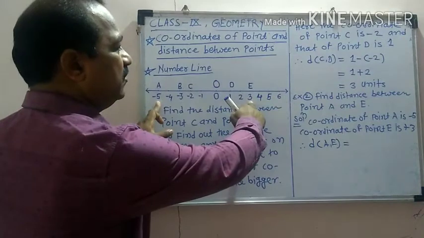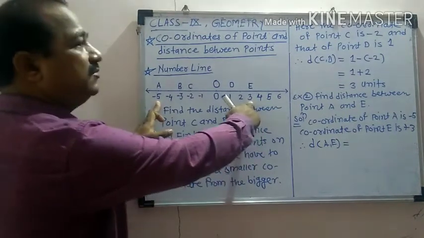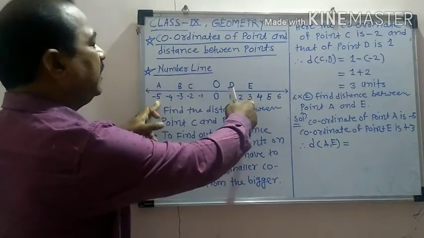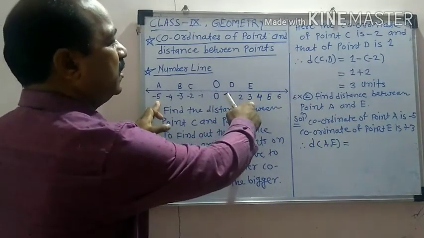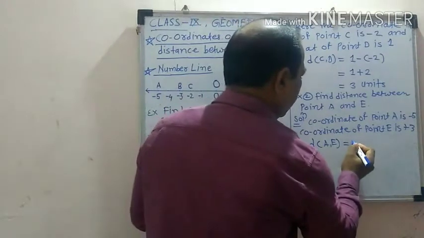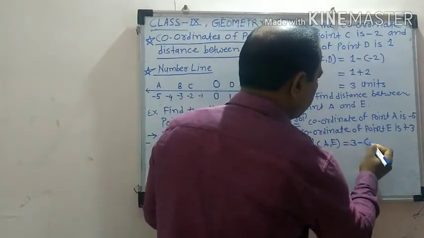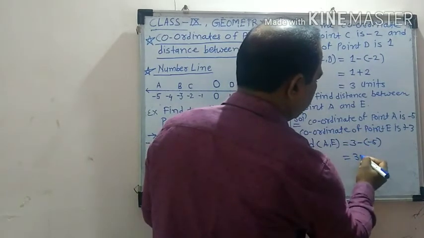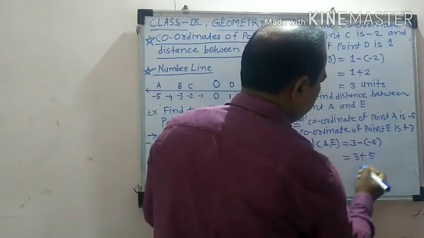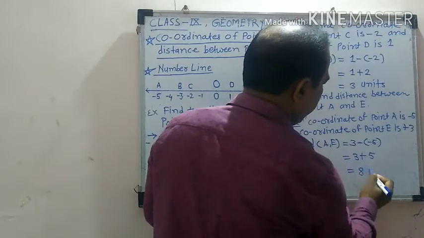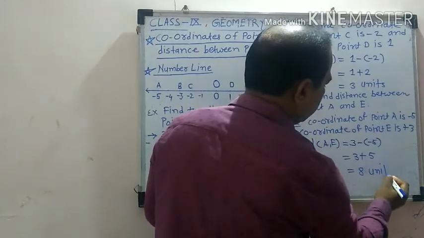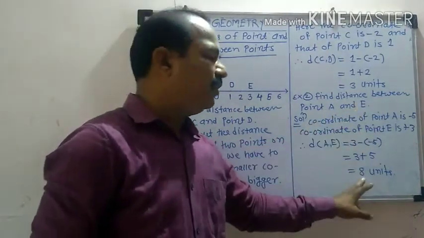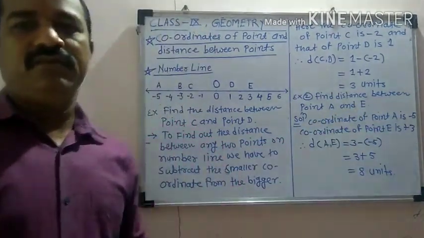My right hand is on 3 and left hand is on -5, so that 3 will be bigger integer and -5 will be smaller integer, so that 3 minus -5 is equal to 3 minus minus plus 5 is equal to 8 units. Therefore, the distance between point A and E will be 8 units.